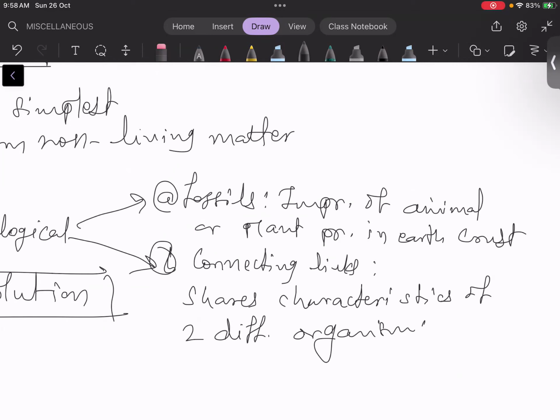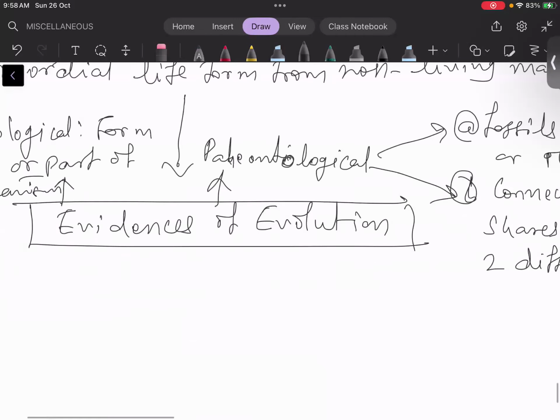Is there any doubt? Then evidences again. Third type is anatomical, and fourth type is embryological.